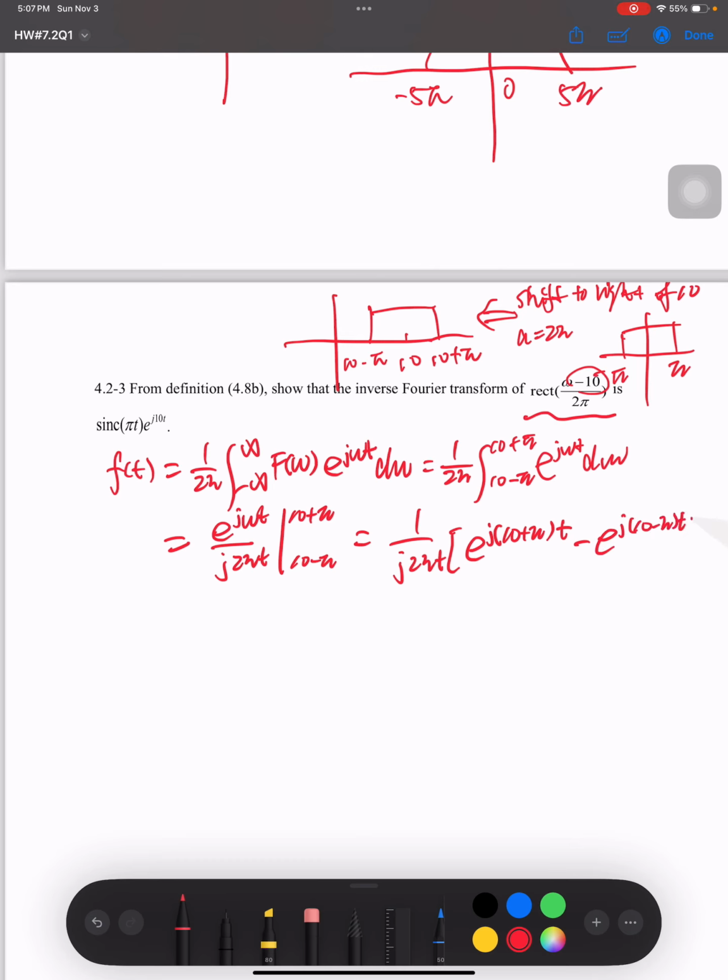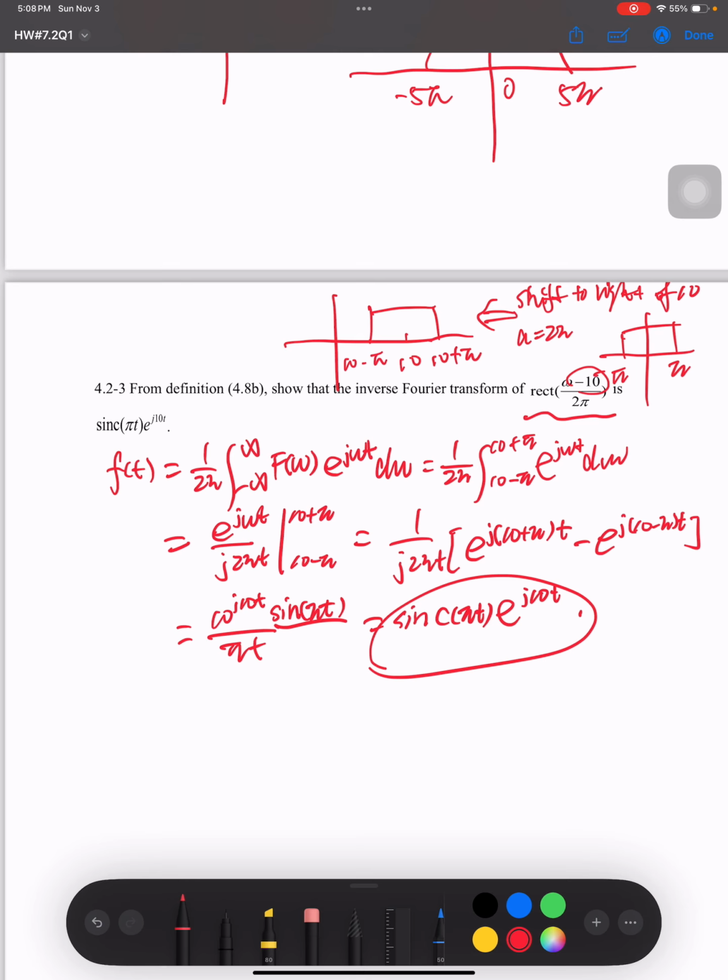Then we can get 1 over pi t times e to the j 10 t times sine pi t, which means it is the sinc function of pi t times e to the j 10 t. So this is the final answer. That's all. Thank you.